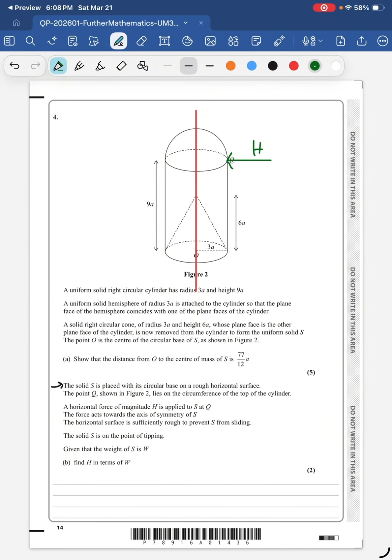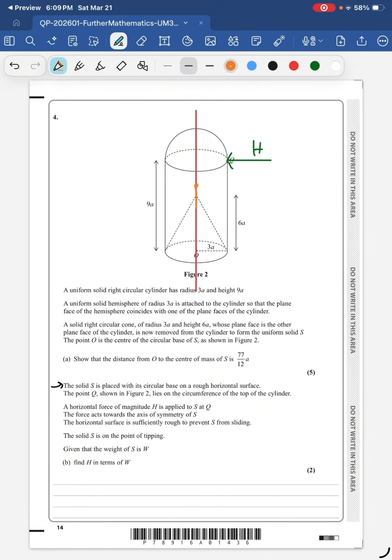So the weight, let's use orange, is going to act from the center of mass. By the way, the center of mass is 77 over 12, which means 77 over 12 is 6.41. So it's right above the tip of that cone that is missing. So that's where the center of mass is.